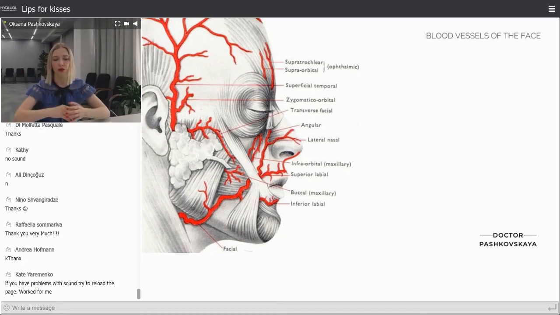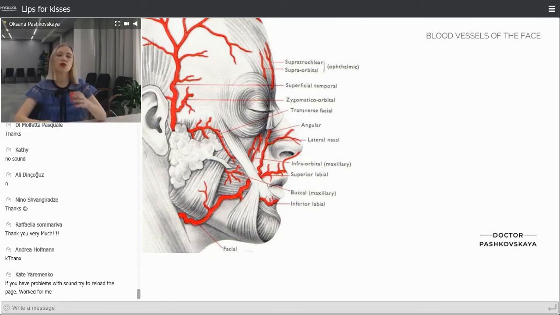It's not new for you that our face is mostly supplied by the facial artery, and it is one of the branches from the external carotid artery.